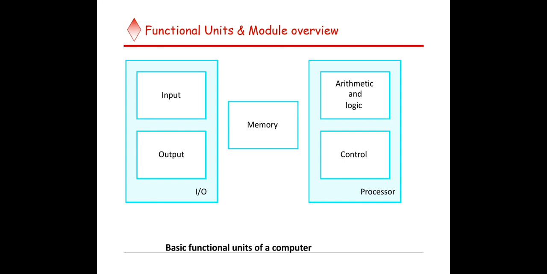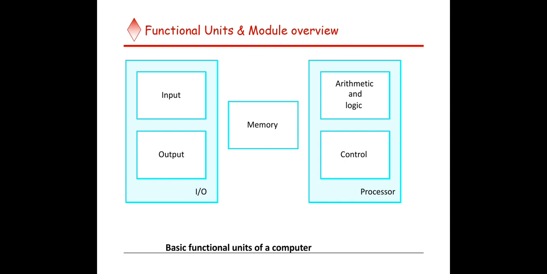So these are the functional units and module overview, the basic functional units of a computer. Already from the definition itself you know that it takes some input and gives some output, so there is an input output unit. Other than that, the result should be stored in memory, so there is a storage place called memory.